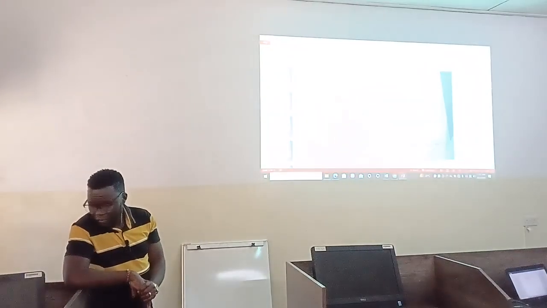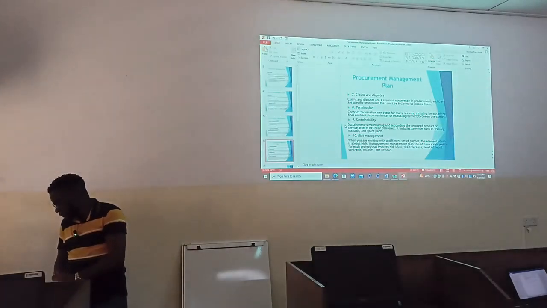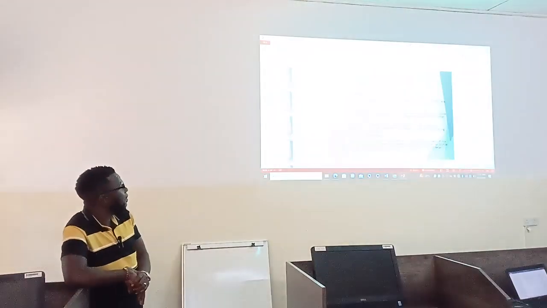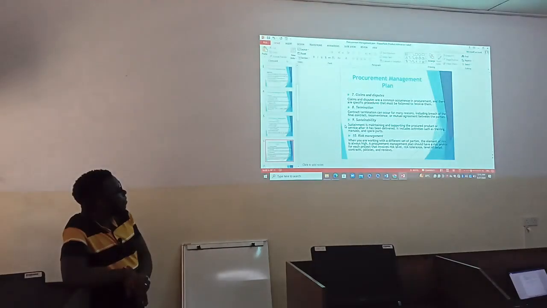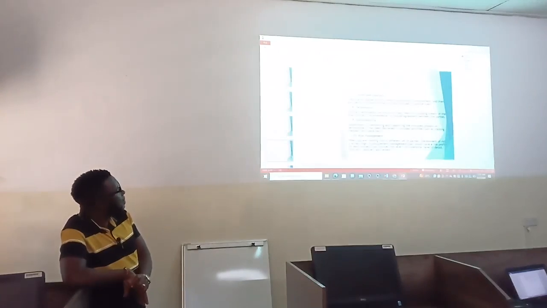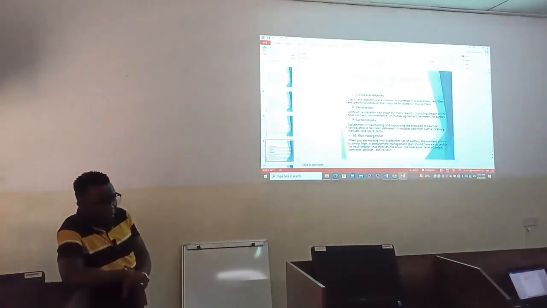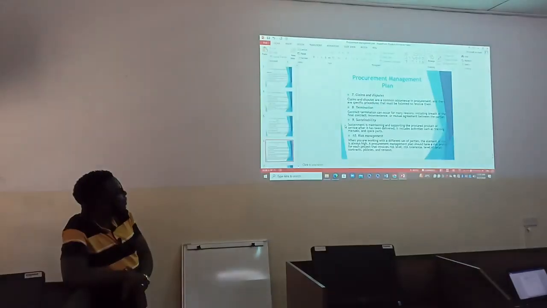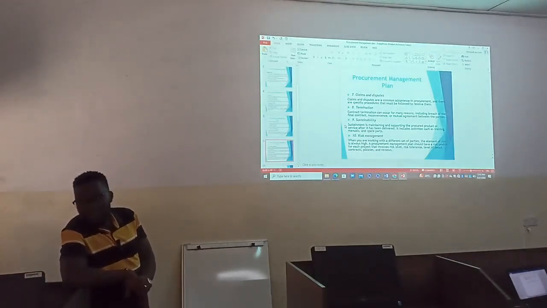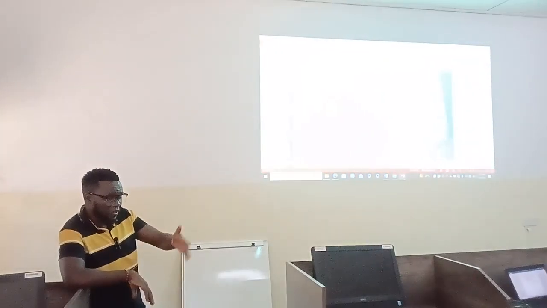Okay, so we also have this other component. The document must also at least have a part that is talking about claims and disputes, how they can be handled and resolved in the course of contract or project implementation.